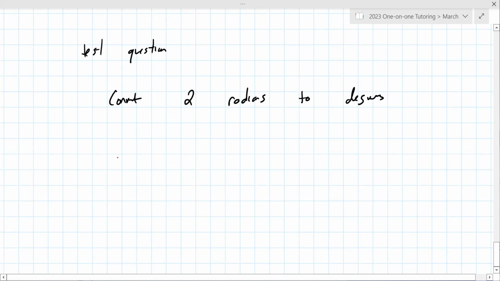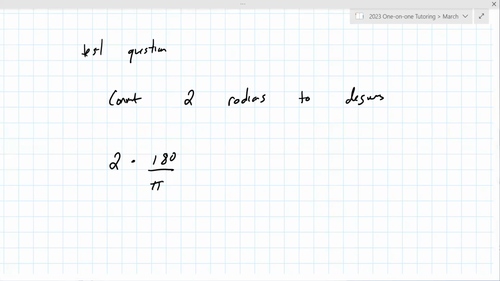You still take that number and multiply by 180 over pi. Wait a second, so this is the same as what I was literally just doing. It is correct.